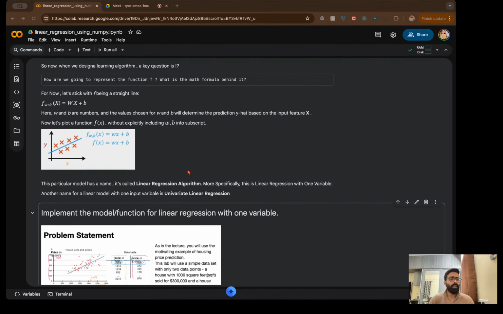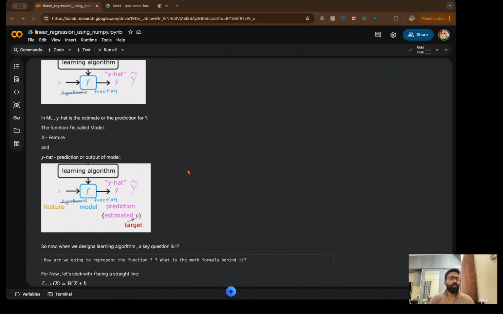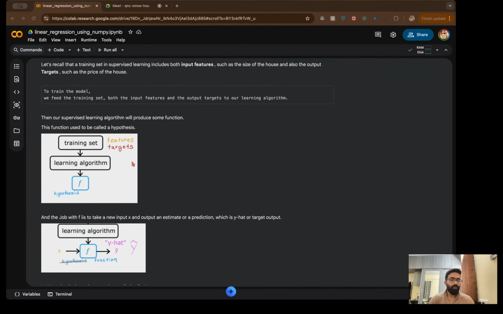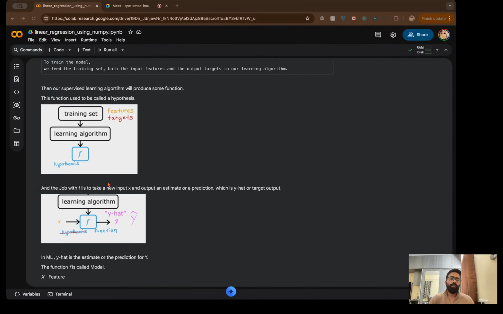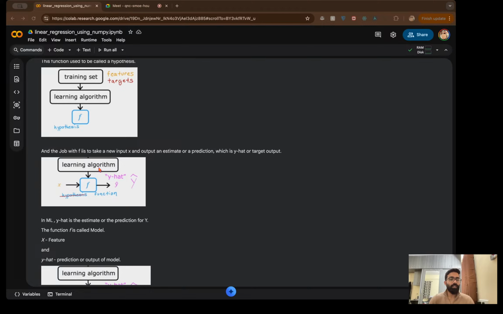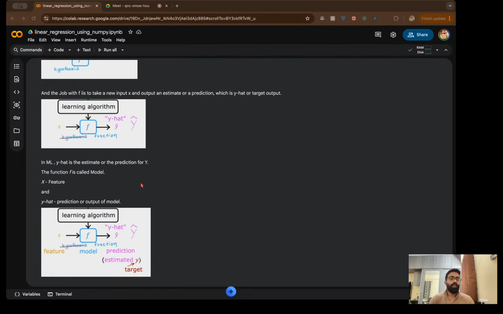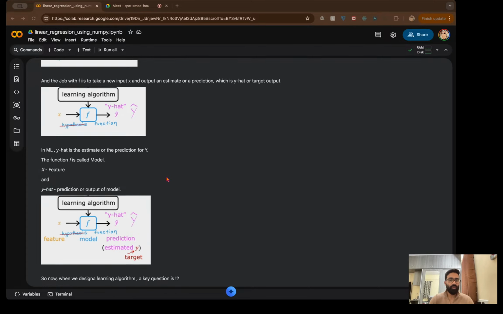So how will we create the linear regression model? We will give this data set to our learning algorithm, and the learning algorithm will produce a function. The function will help us predict a new output based on a new input.